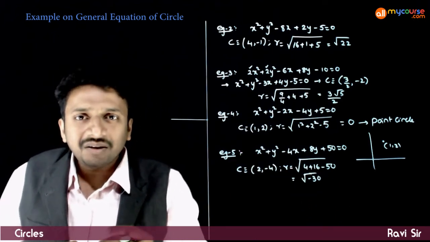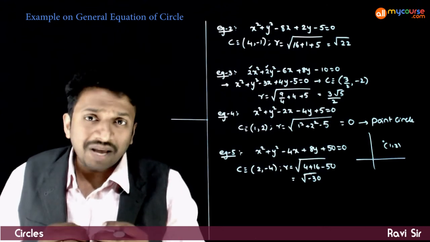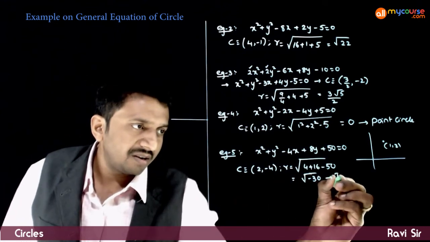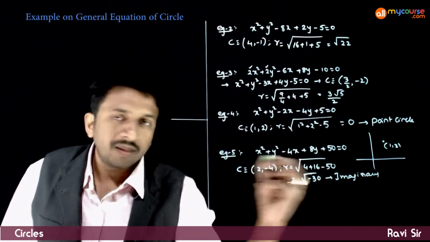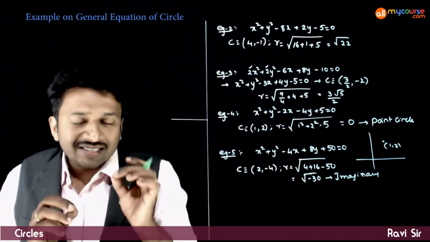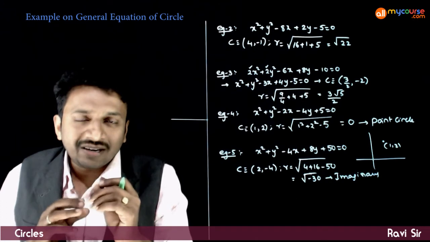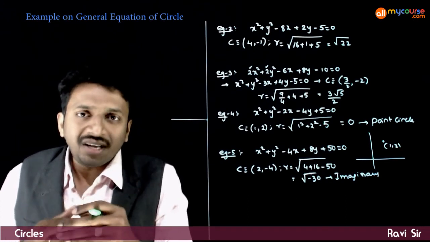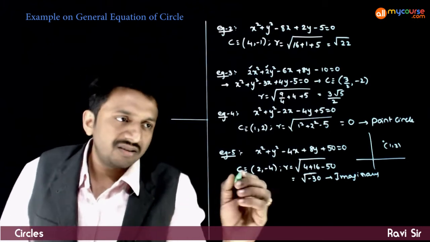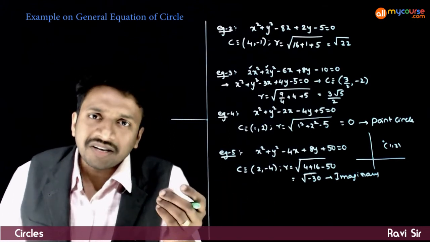Again, what is the meaning of the radius being root of minus 30? This is an imaginary number. The circle is centered about 2 comma minus 4, but it has an imaginary radius. That means effectively the circle does not exist, because you cannot have an imaginary radius.